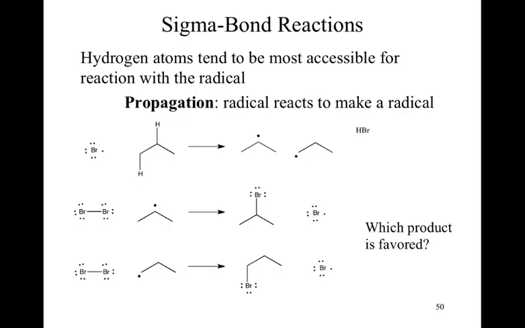As far as deciding what product is favored, a lot of this comes down to, number one, the reactivity of the bromine radical to initiate this whole process, or how reactive it is. And number two, the reactivity of the possible products.